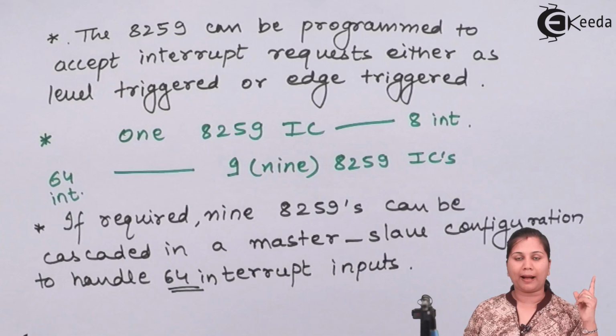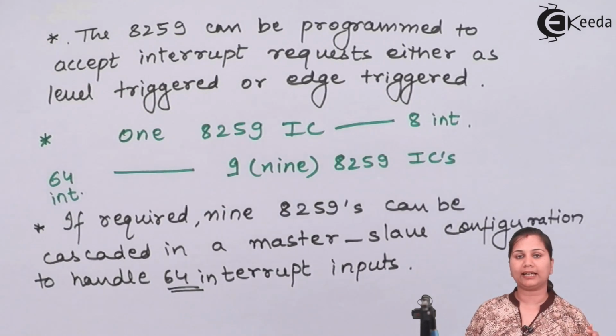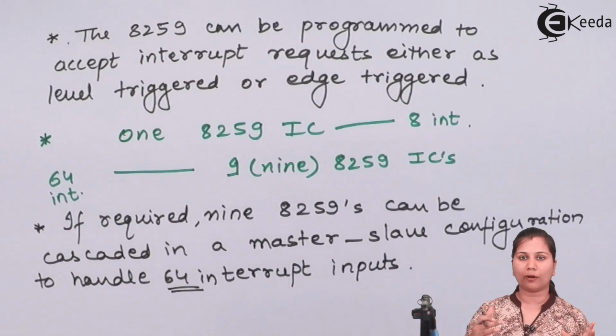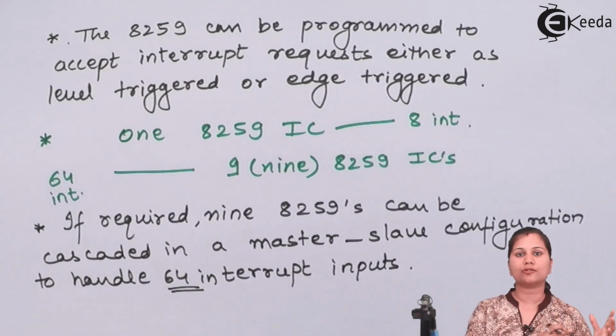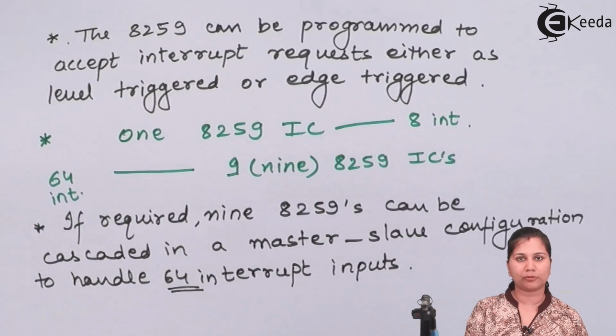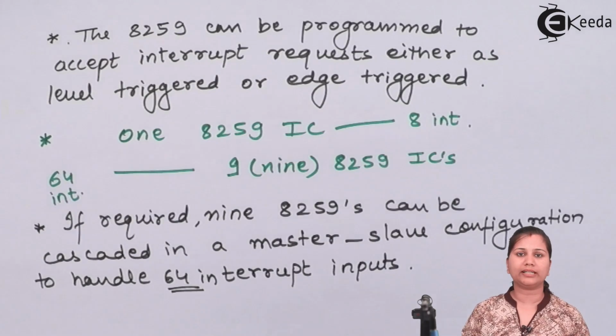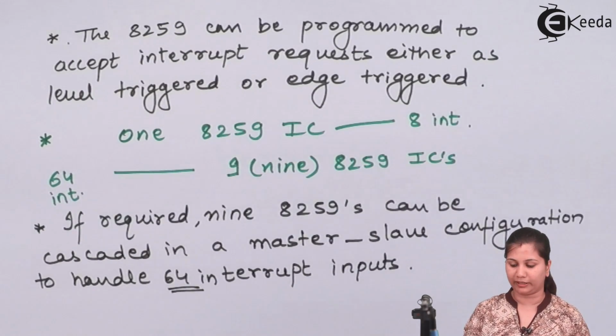The master 8259 IC can also directly send the request, or it will accept the request from the slave ICs and then give the request to the microprocessor. This we will discuss in detail when we study the modes of operation of 8259.